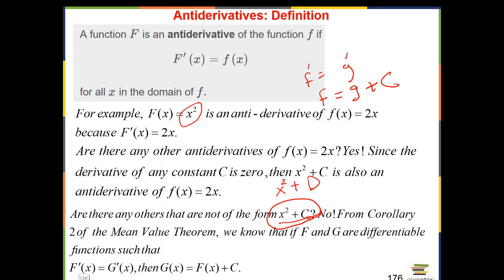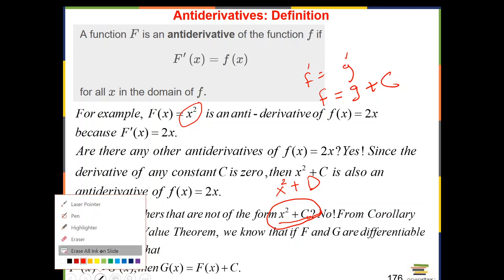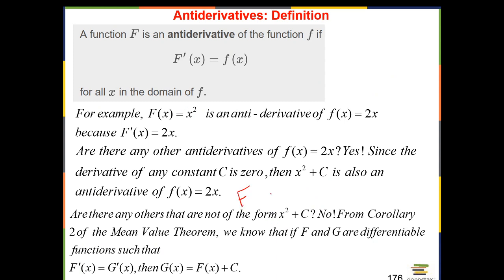Okay, so if we have two antiderivative functions, let's say f is an antiderivative and g is an antiderivative too. Well, in order for them to have the same derivative, the derivatives have to be equal. And if the derivatives are equal, then one of them has to be the other one plus some constant, or the other way around.